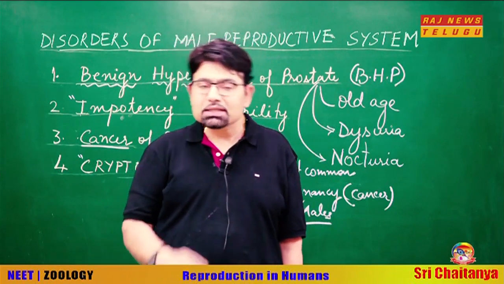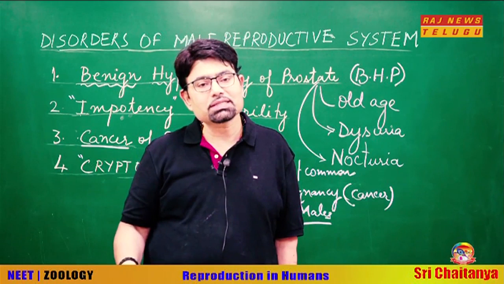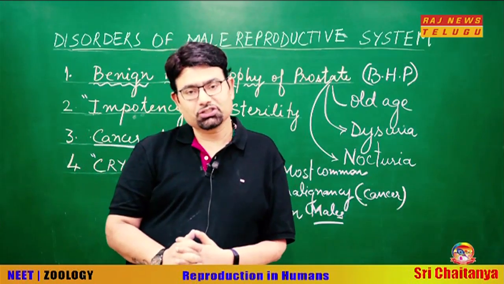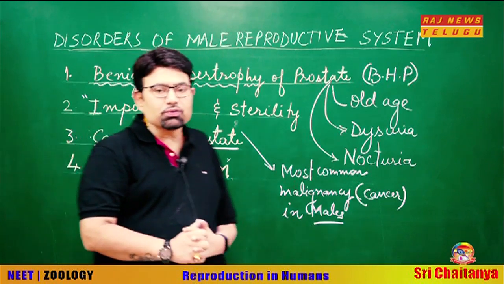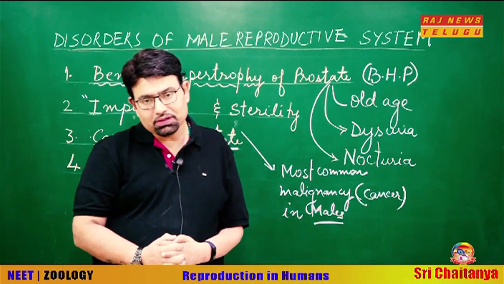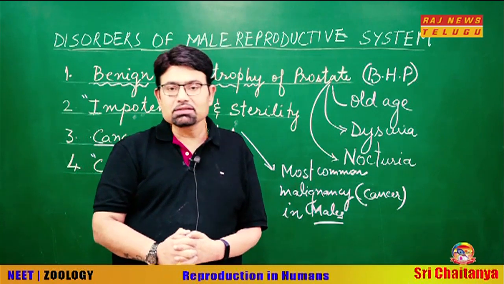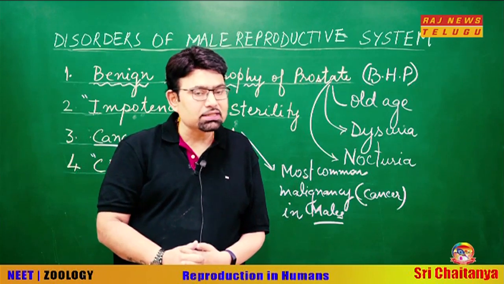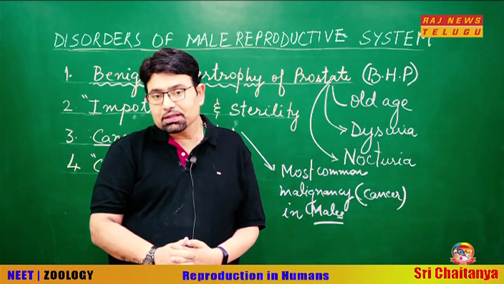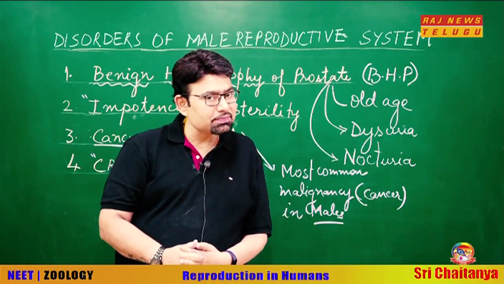My dear students, in the next class, we will be doing the female reproductive system. Let's conclude today's lecture. We started with the transverse section of the seminiferous tubule and its internal structure. We have seen the functions of Leydig cells and Sertoli cells, and the hormones associated with them.